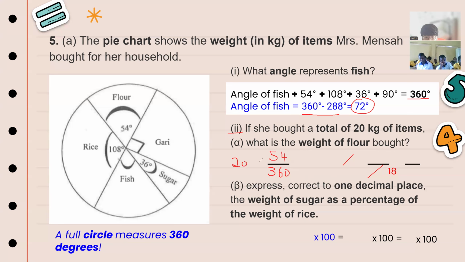That's how we find the weight of the flour bought. If she bought 20 kilograms of total items, then just the weight of the flour will be 20 times 54 over 360, or the ratio of the flour to the total amount of items.